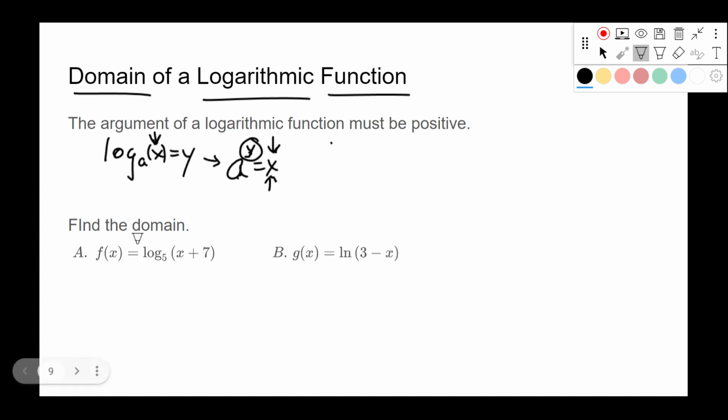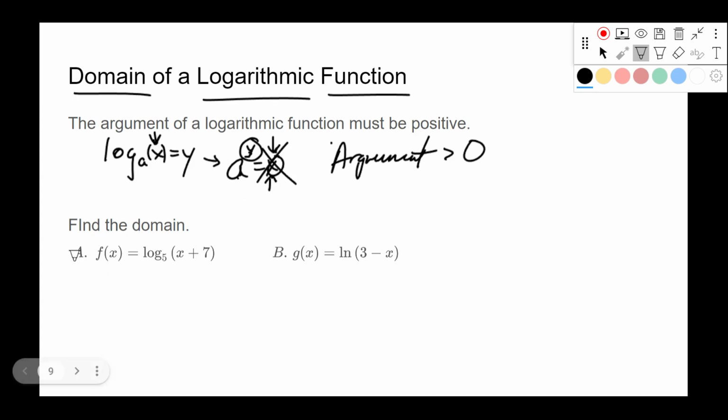The argument has to be greater than 0. It can't even be 0. It's got to be greater than 0. Because if your argument is 0, you're saying this answer can come out to be 0. We already know that's not possible.